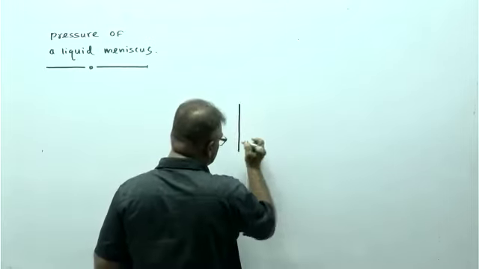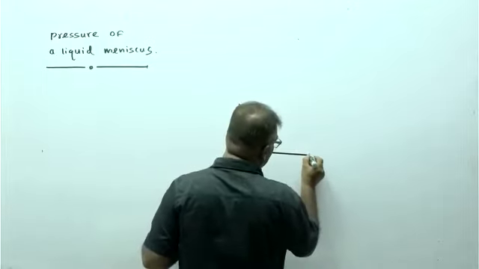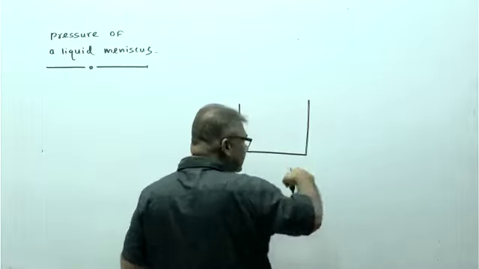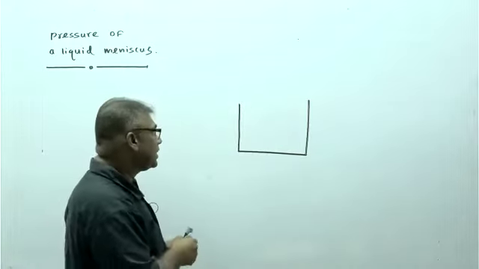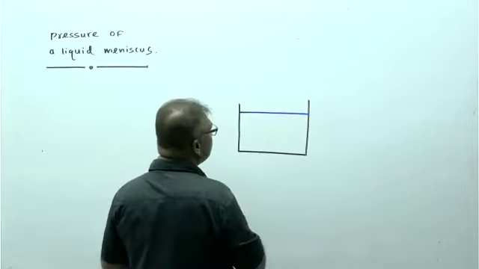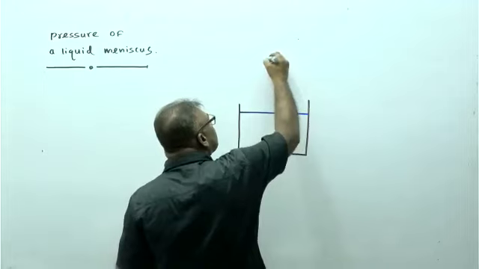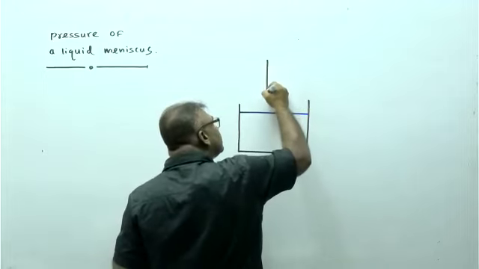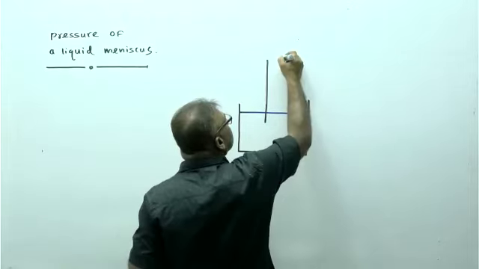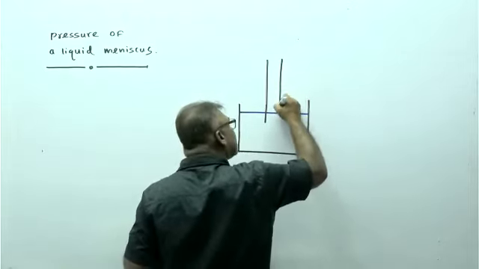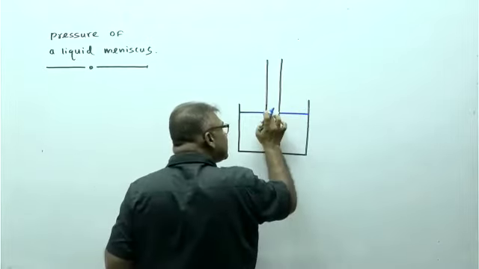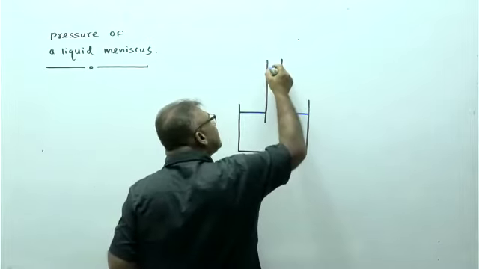When we consider a water container like this, right here we have a water beaker. Right, when you contact a glass tube with water, this liquid meniscus goes up like this.